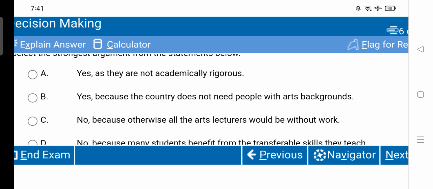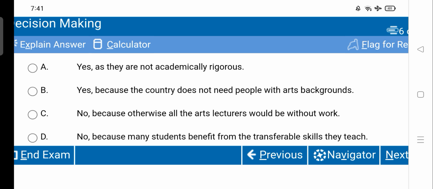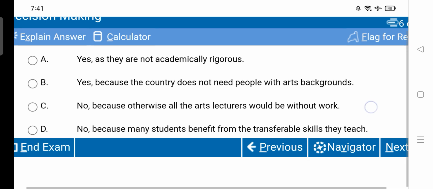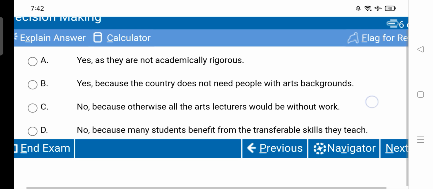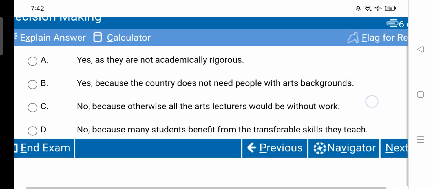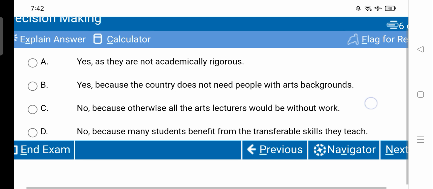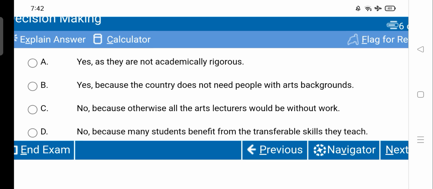Option B, yes, because the country does not need people with art backgrounds. Option C, no, because otherwise all the arts lecturers would be without work. Option D, no, because many students benefit from the transferable skills they teach.